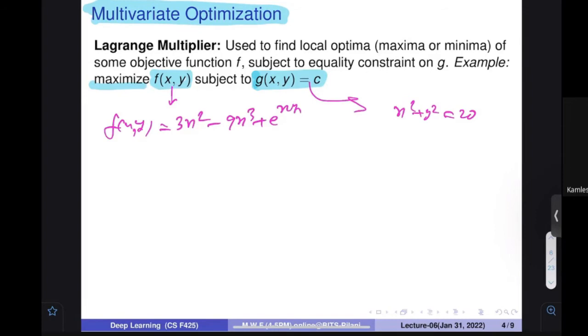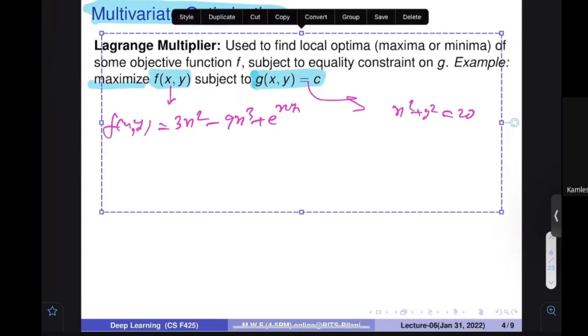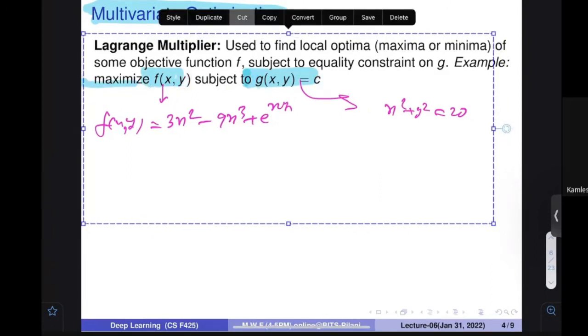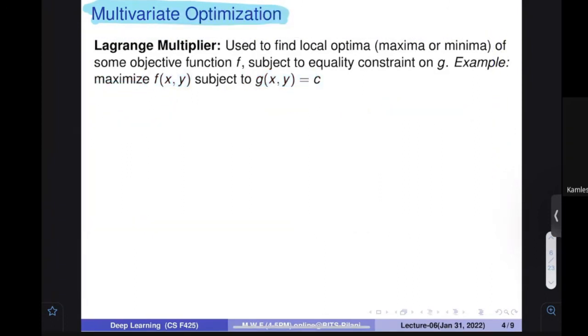All right. Let me start by saying this. Let me draw something like this. Let me say that here is the x direction and here is the y direction, and in the z direction I am going to plot the function of x and y. Let me show you how the curve is going to be.